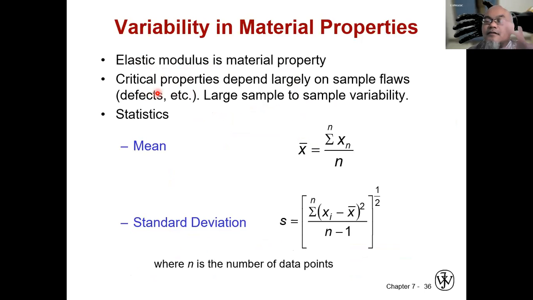Again, as we have learned in the previous chapter, the defects determine the properties of the material, not only mechanical but also electronic and many others. So sometimes you have to collect a large sample to take into account the sample variability, and then use the statistical mean or standard deviation to express those material properties.